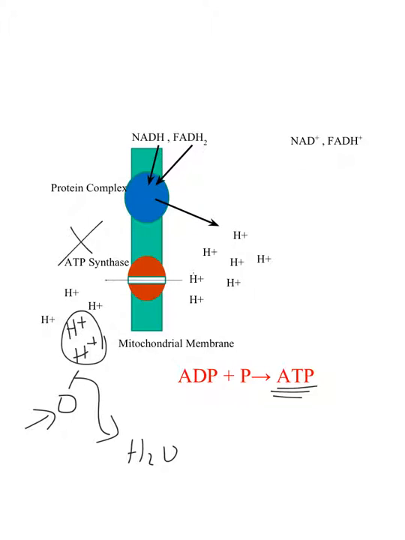And this flow of hydrogen ions will continue, and we can continue to make more ATP. How much ATP? From 10 NADs and 2 FADs, we can get up to 28 molecules of ATP, as long as that flow continues. So it really isn't magic. There are reasons for it.